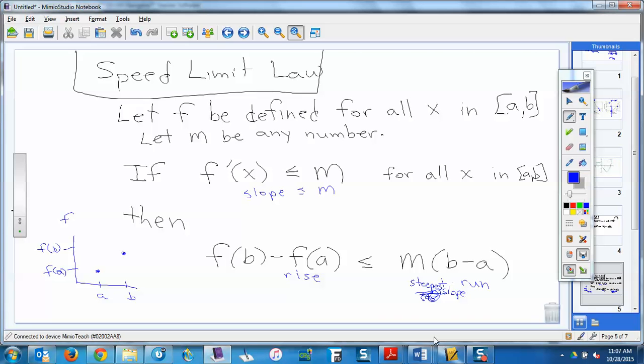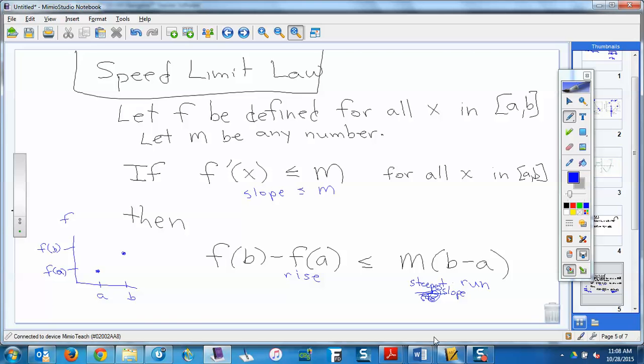So if the steepest the slope ever gets is 2, and we do a run of 5, then this would be the most rise we could have. What's the most we can go up? 10. That's what that's saying.